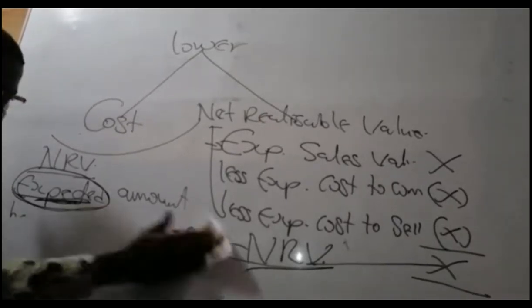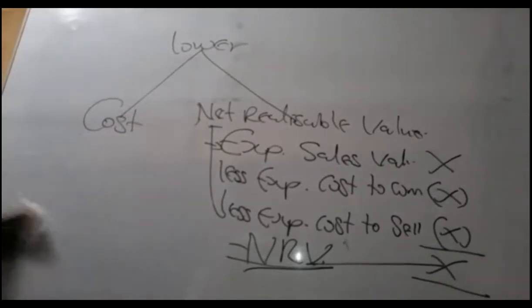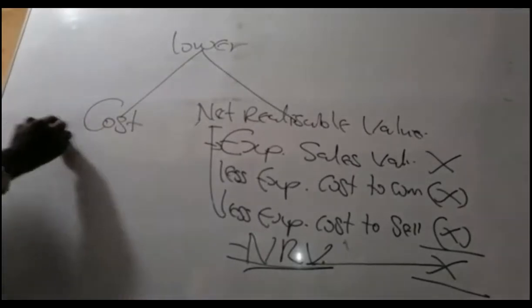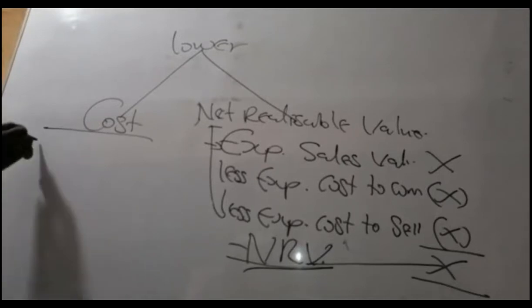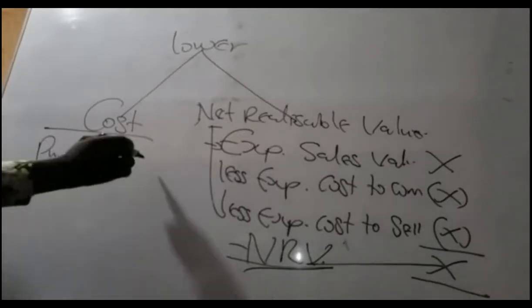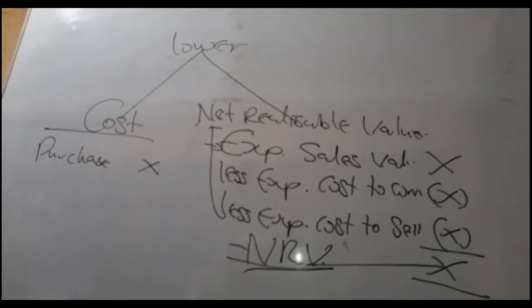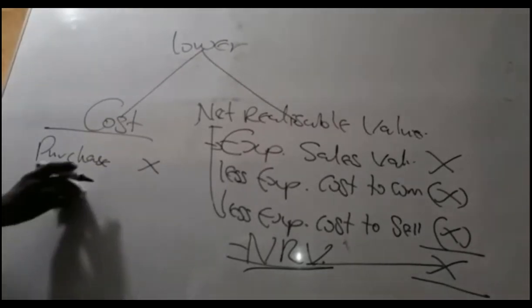Now let me do some small issues here. Let's bring the composition of cost, or inclusion of cost, that you compare. It must comprise what? Purchase cost, and then directly attributable costs.